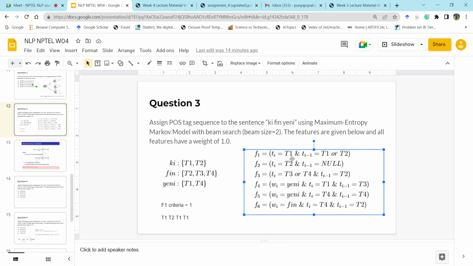This is an AND relation, so you have to satisfy all the parameters. We have Ti equal to T1 and Wi equal to Ki, and everything other than that is null. Which one will be satisfied?